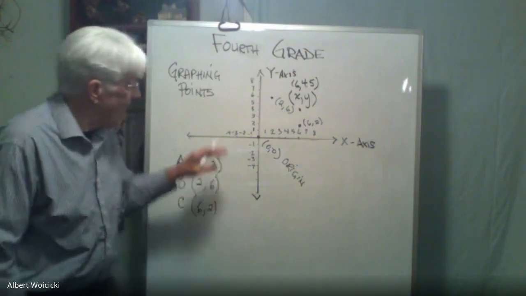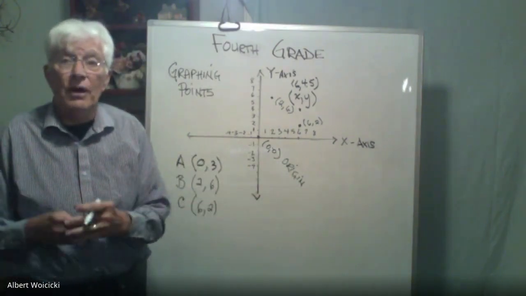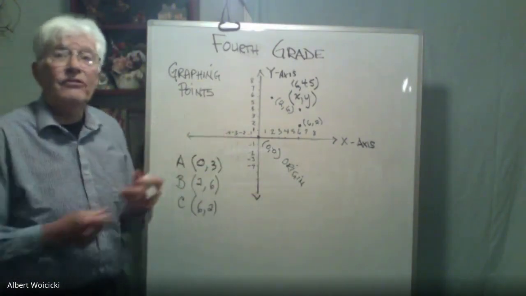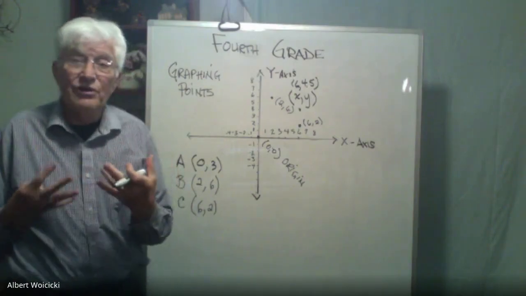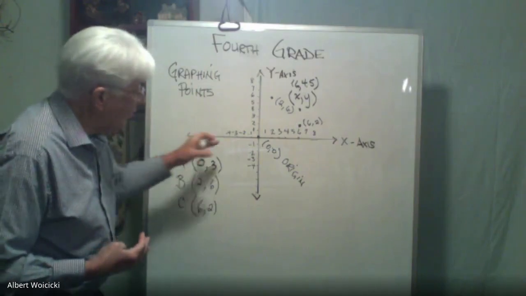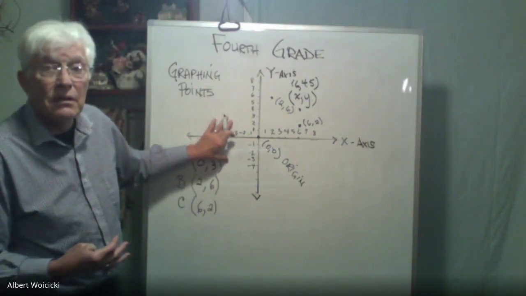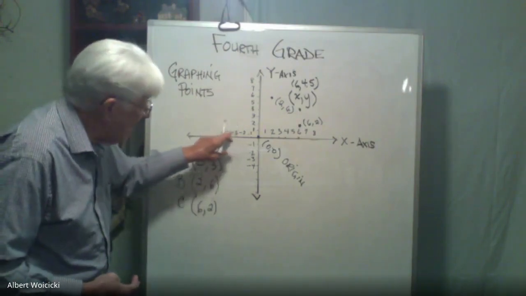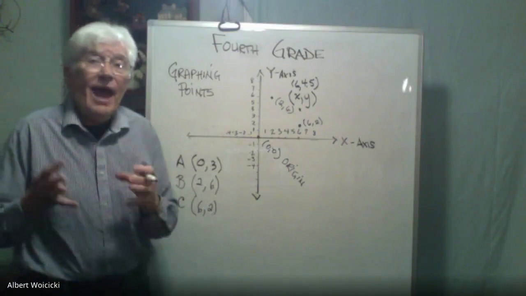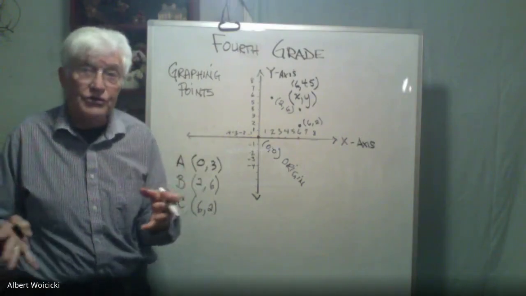Now, we've got different parts of my graph that I can go to. How do I get to different places? Well, in order for me to get to this side of the graph, X would have to be first a negative number. And now we're sort of being introduced to what we call integers.